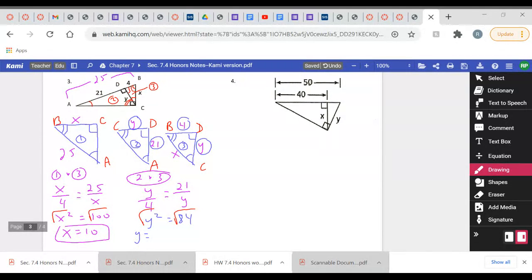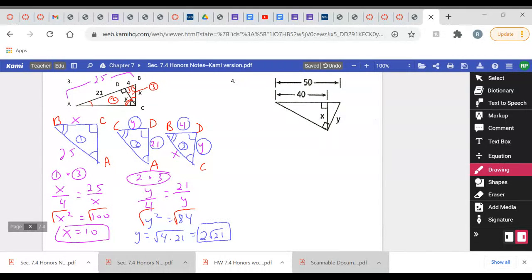And so to do that, if you think of what perfect square goes evenly into 84, it is 4. So I know that 4 times 21 gives me the square root of 84. And so now I can take the square root of 4 and get 2. I can't take the square root of 21, so I'm going to leave that as the square root of 21. And that is my answer in simplest radical form.